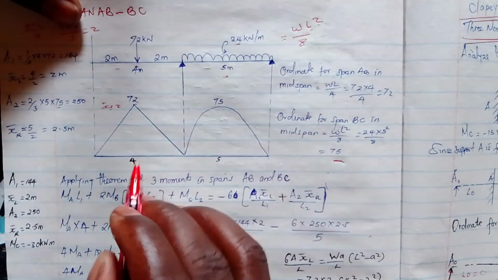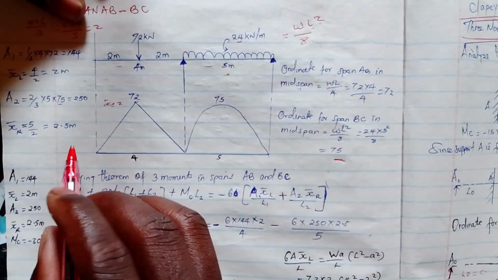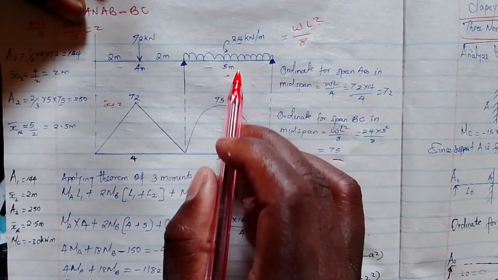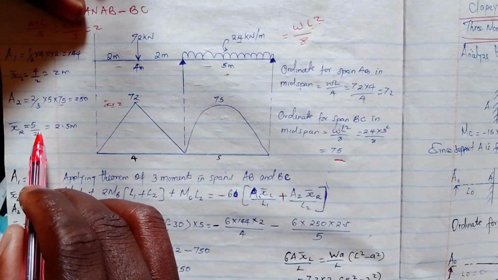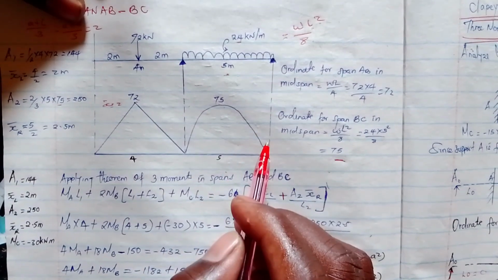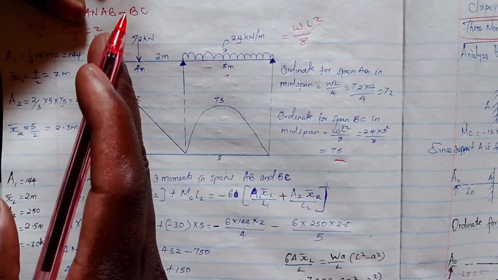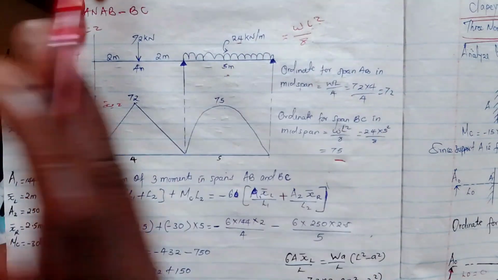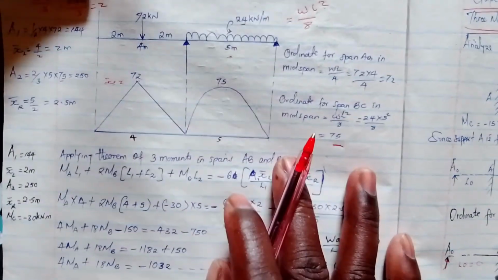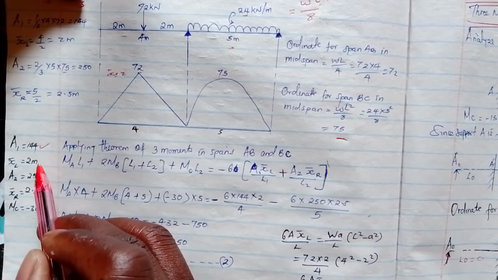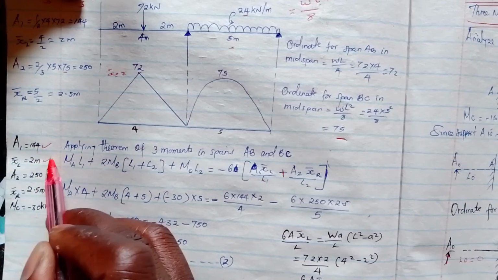After that, let's calculate the center of gravity of this part. The center of gravity is just 5 over 2. On this part we divide by 2, on this part we divide by 3, and this triangle part we divide by 2. So the first area is this one, and its center of gravity at the left is this.